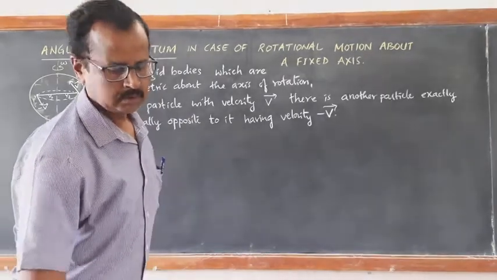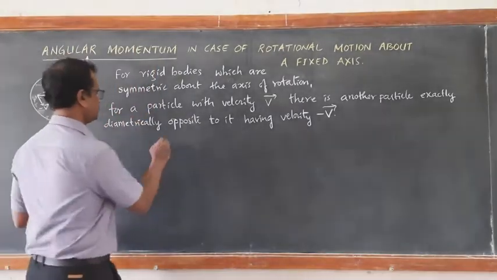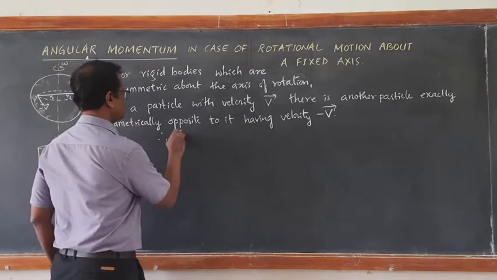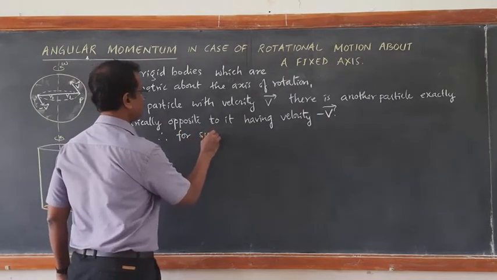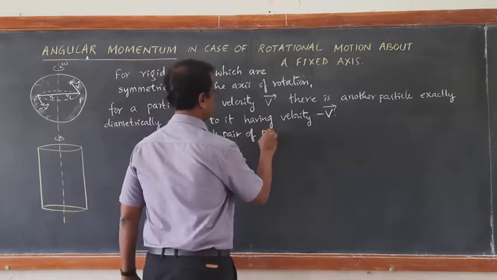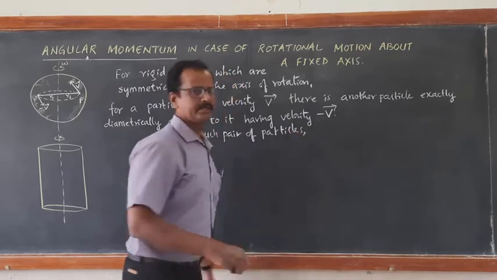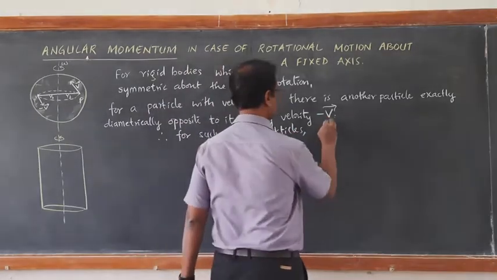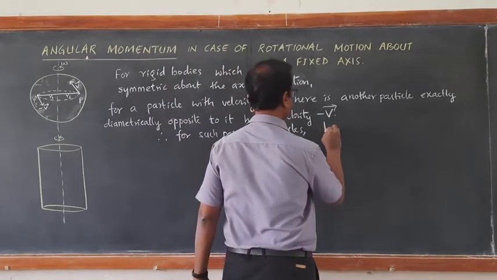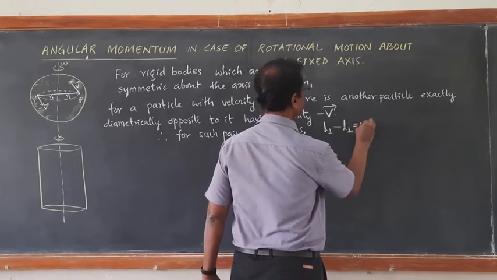Therefore, for such pairs of particles, the L perpendicular component cancels. L perpendicular minus L perpendicular becomes 0.